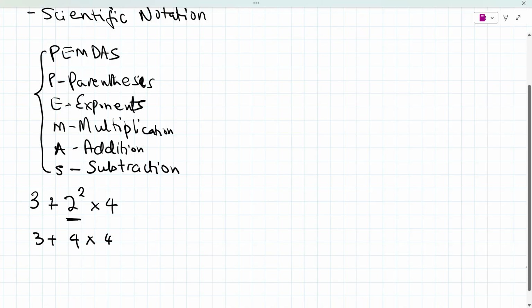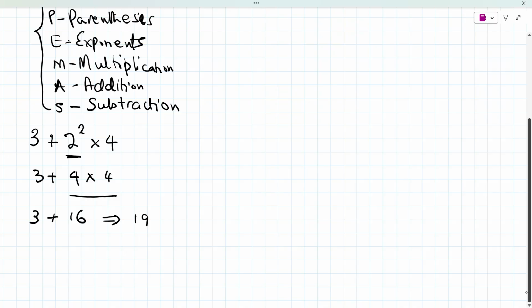And then we do the multiplication. So we work out the exponents, then we do the multiplication. So this becomes 3 plus 16. And then finally, we do the addition. And so this one gives us a final answer of 19. All right.